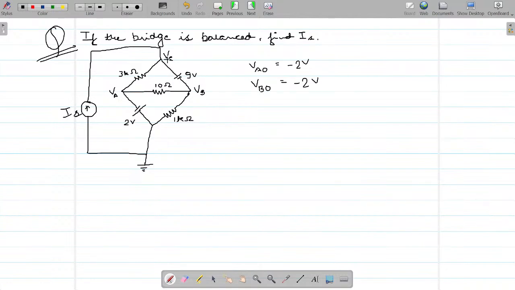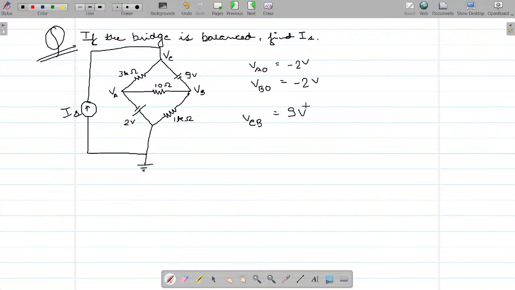I am talking about this branch, so it is already VCB. VCB is already given to you as 9 volt, right?